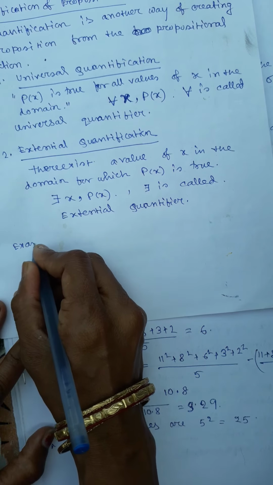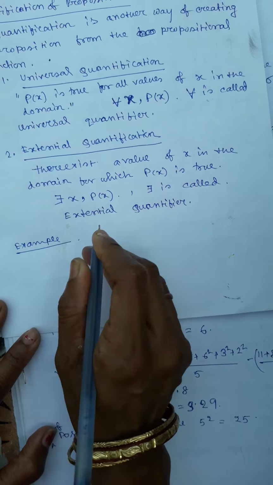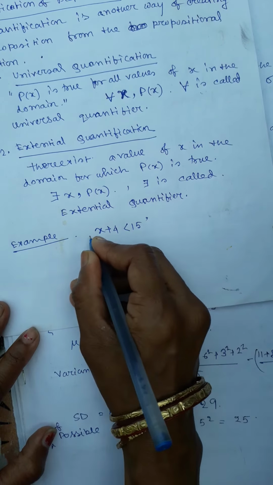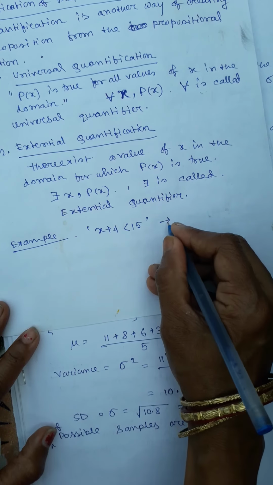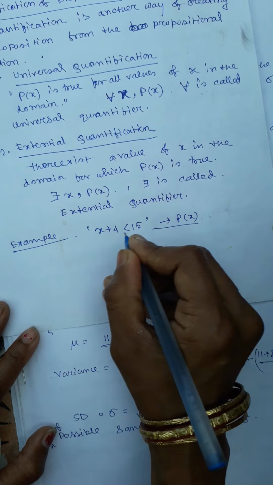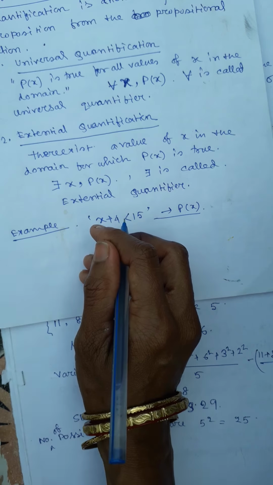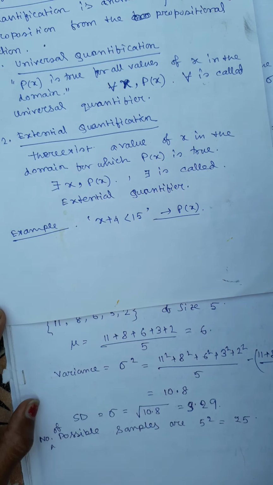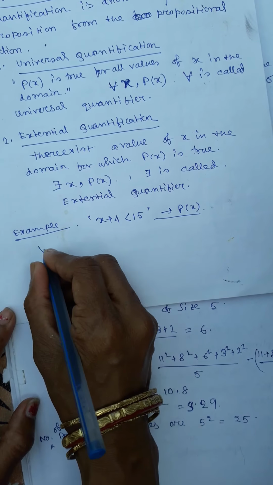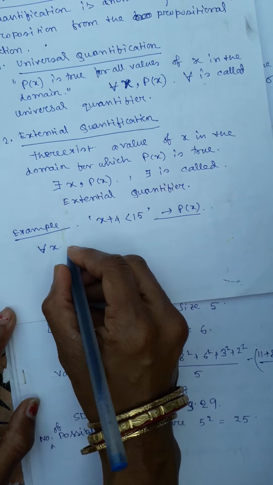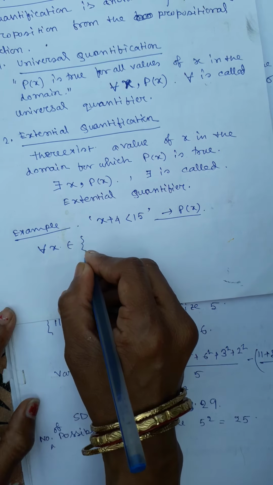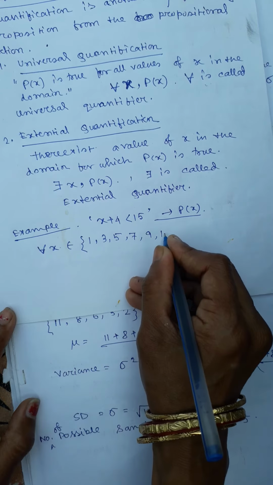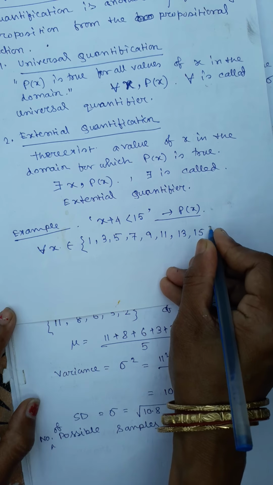For example, say x plus 4 less than 15. Let this be P(x). Then the universal quantification of this proposition is for all x belonging to 1, 3, 5, 7, 9, 11, 13 and 15.